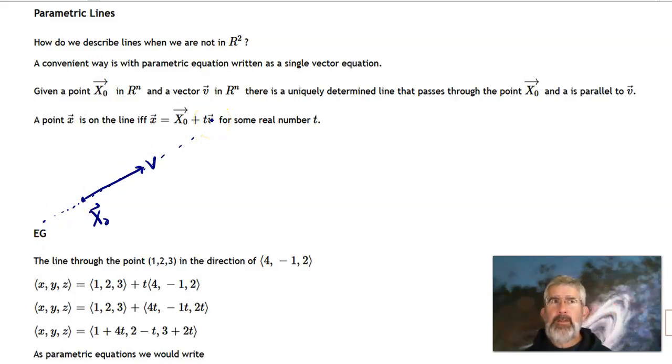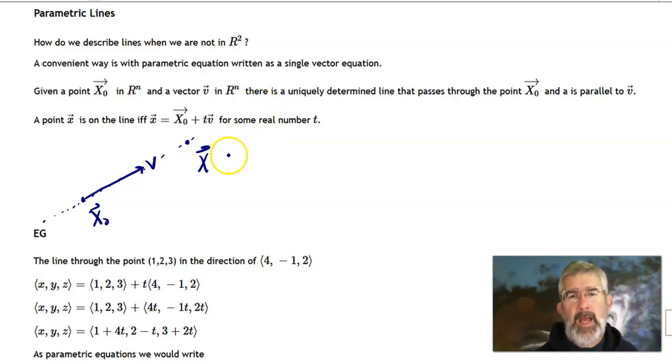If it's a uniquely determined line, then its equation should be determined. We should be able to describe it. And so here's how we're going to do that. My claim is that any point on the line, take some point x, can be described as starting here and then moving some scalar multiple of v.